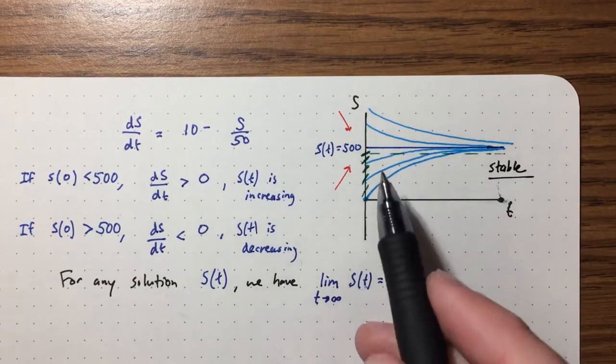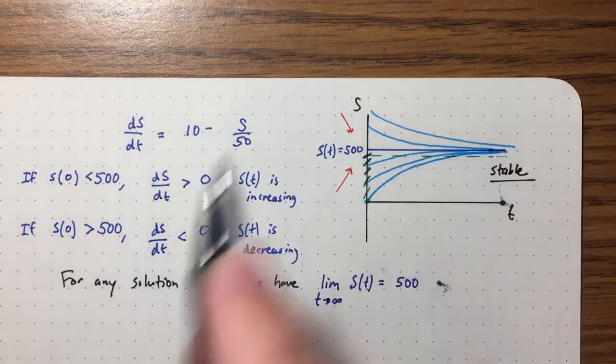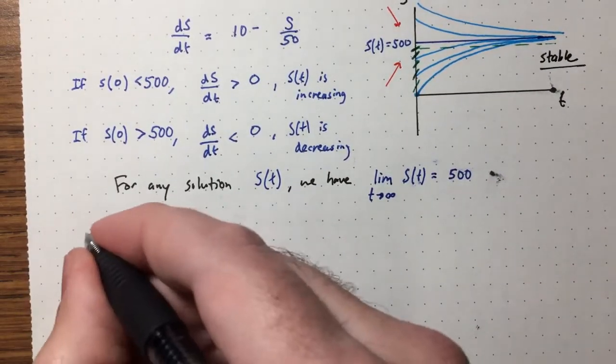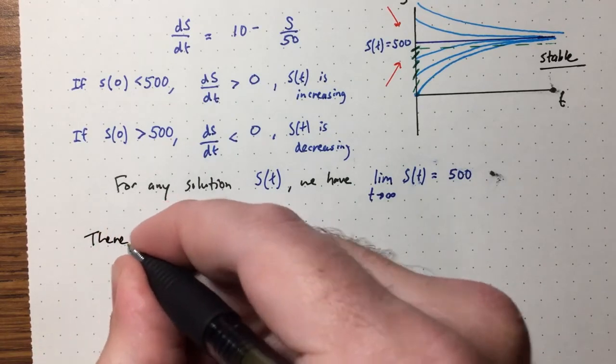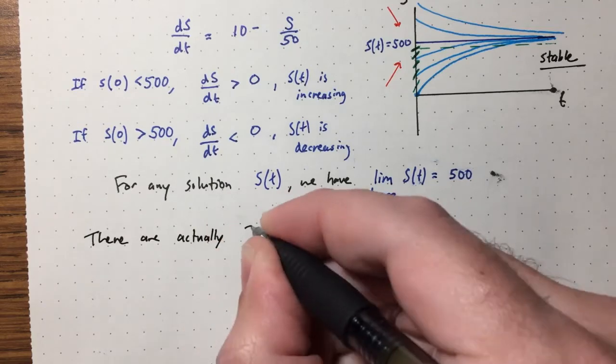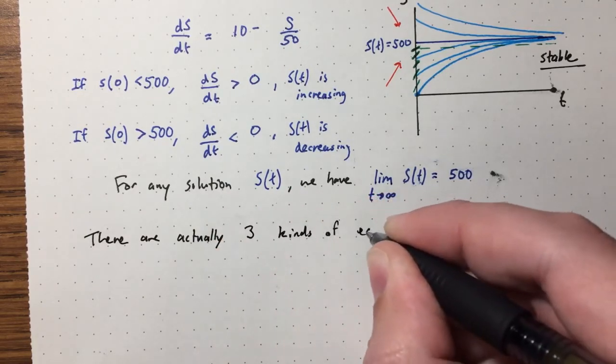It's called a stable equilibrium because nearby solutions are approaching it rather than diverging away from it. Okay. So there are actually 3 kinds. I think there are only 2 kinds, but there are 3 kinds of equilibrium solutions.